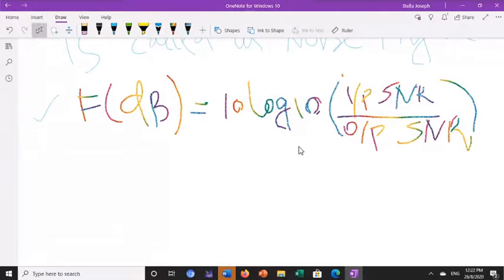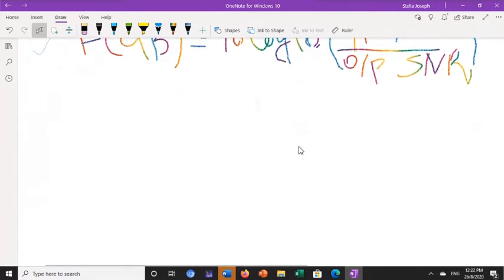So now we need to find noise figure in terms of amplifier noise. There is one more derivation.